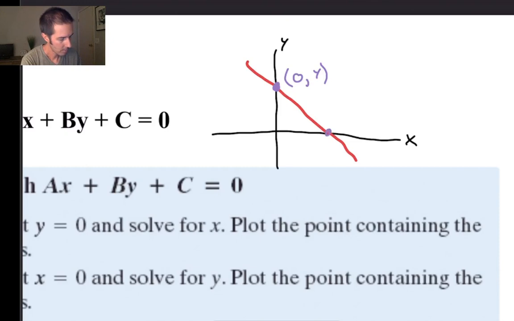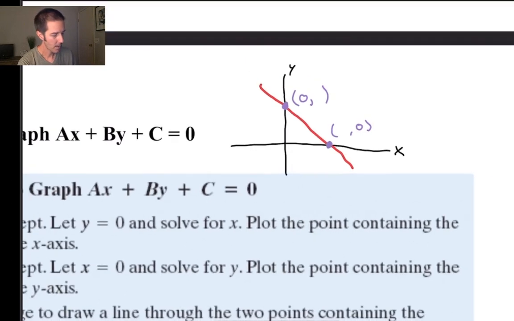Similarly, this point that's on the x-axis, our x-intercept, has coordinates. I don't know both of them, but for sure the y-coordinate there is 0. Those are the two things that we know about our x and y intercepts.